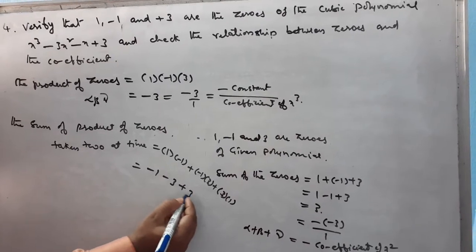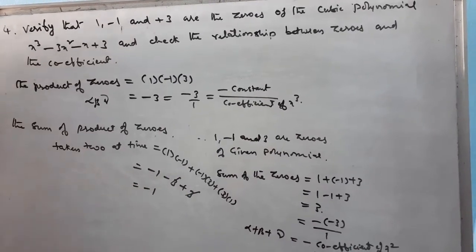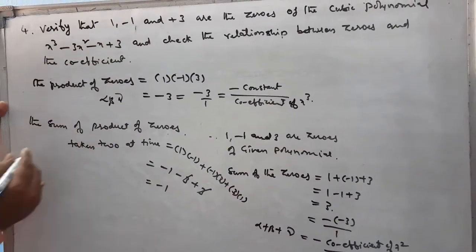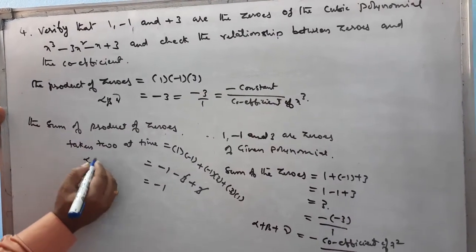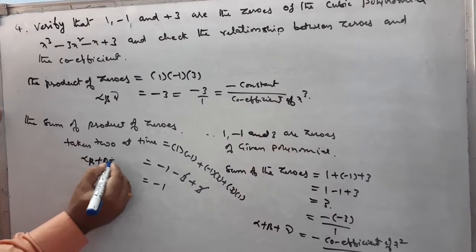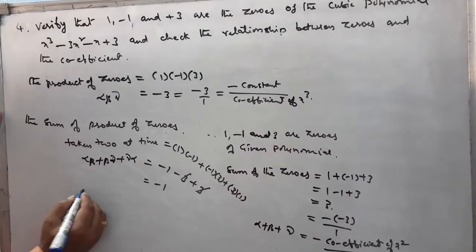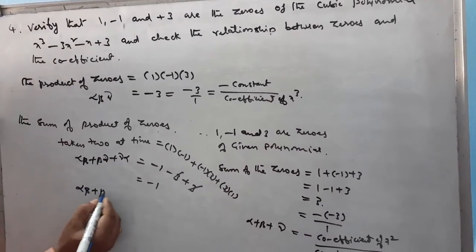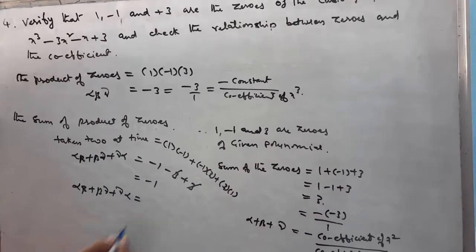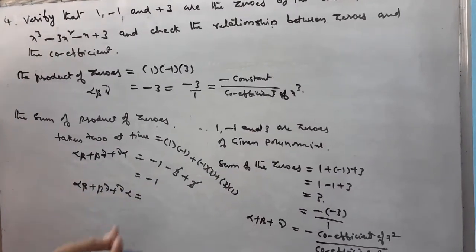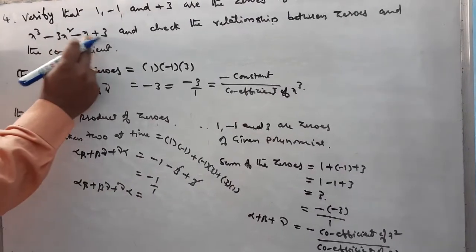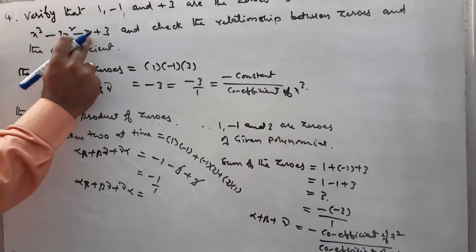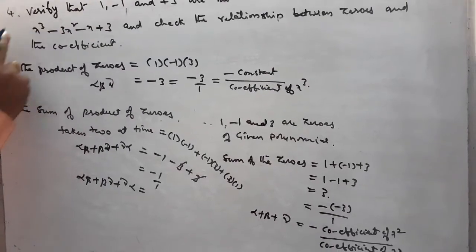Here it is plus 3. 3 will be cancelled, that is minus 1. So alpha beta plus beta gamma plus gamma alpha is equal to minus 1, which we can write as minus 1 by 1. Here minus 1 is the coefficient of x and 1 is the coefficient of x cube.